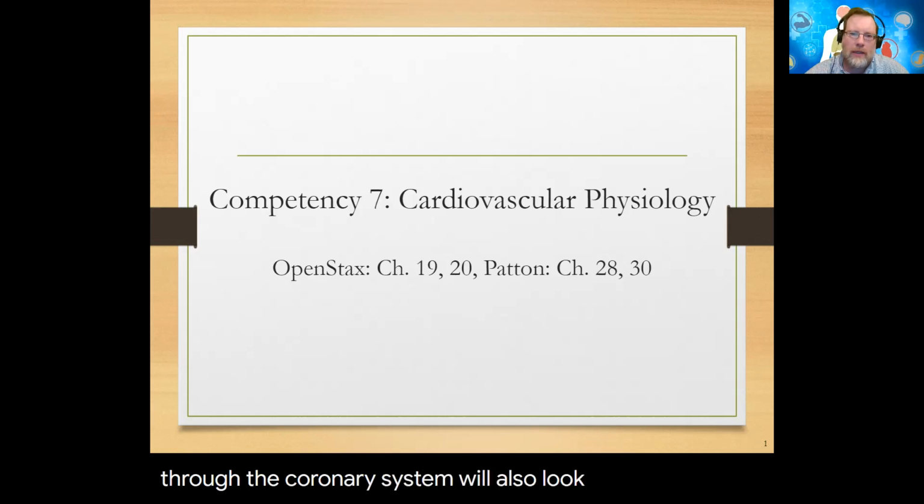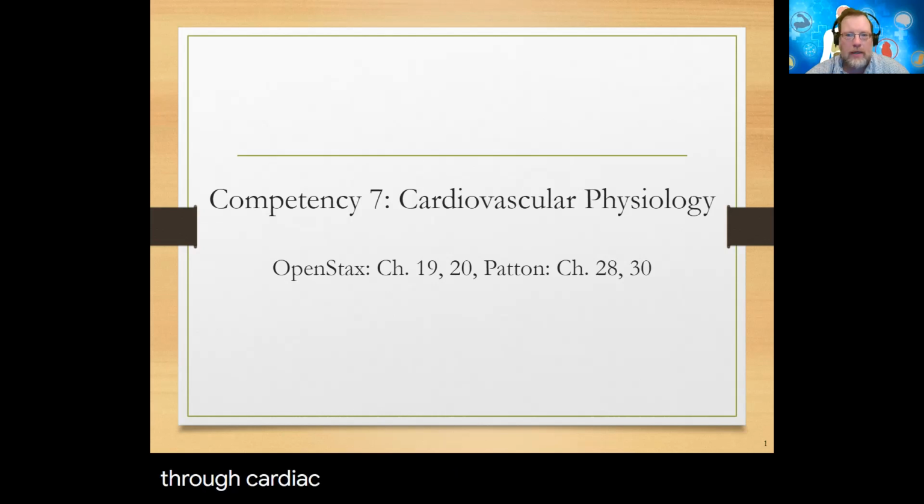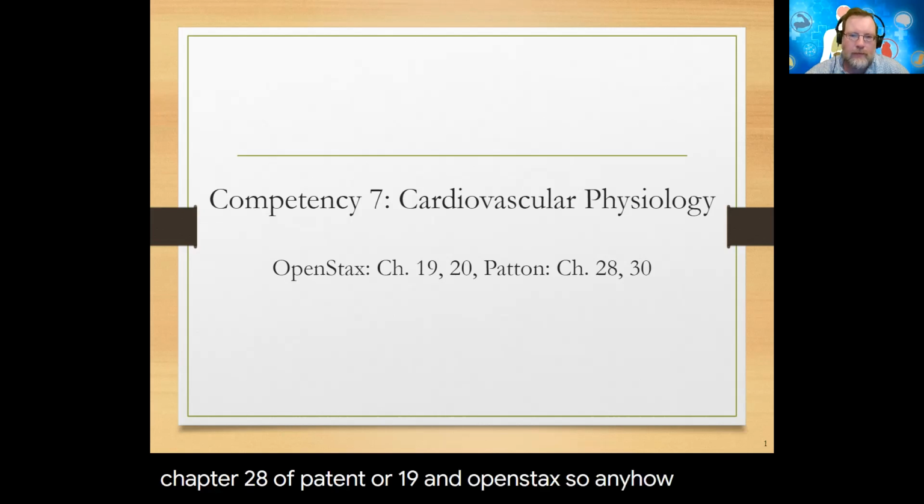We'll also look a little bit at pressure and different mechanisms with hemodynamics, which again, PhysioX 5, exercise 5, goes through quite a bit of, and what you would find in chapter 30 in Patent's text or chapter 20 in the OpenStax. PhysioX 6 goes through cardiac cycles and applies more to what's in chapter 28 of Patent or 19 in OpenStax. So anyhow, let's get to it.